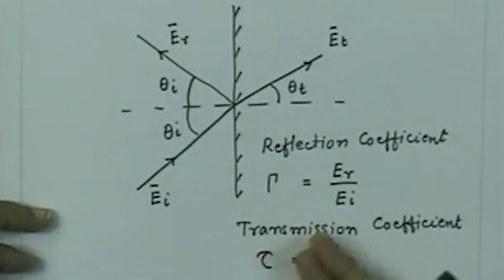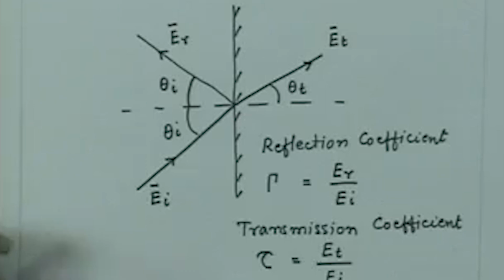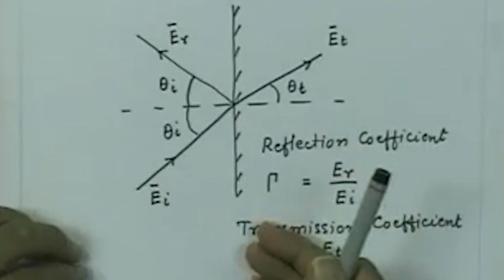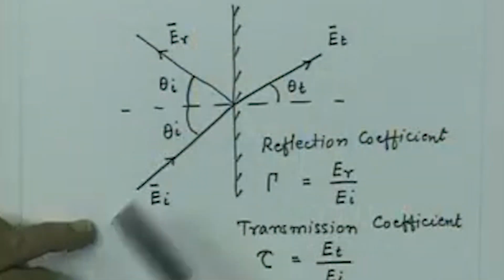The similar quantities we can define for magnetic field also, but as we know, since the electric and magnetic fields are related to each other by the intrinsic impedance of the medium, if we know this quantity is electric field in the 3 media, then we can find out appropriately the magnetic fields also. So, the important thing to note here is that the wave which was incident on this was a transverse electromagnetic wave.